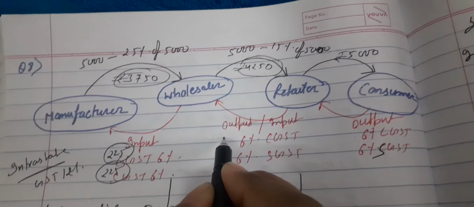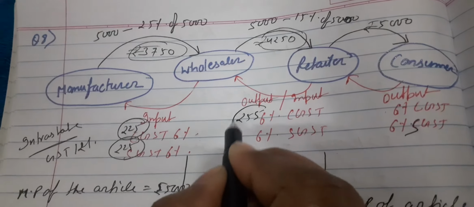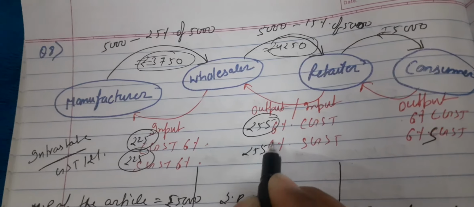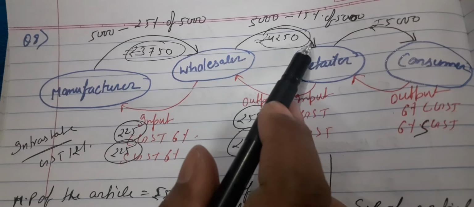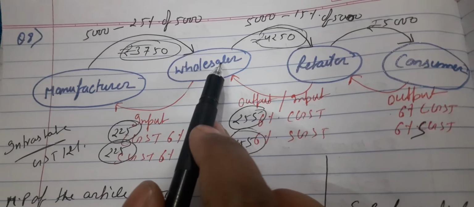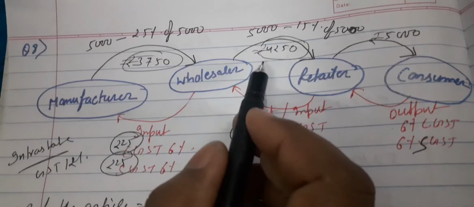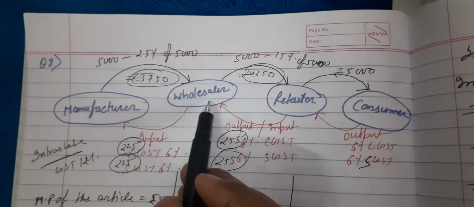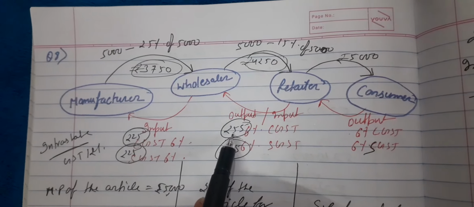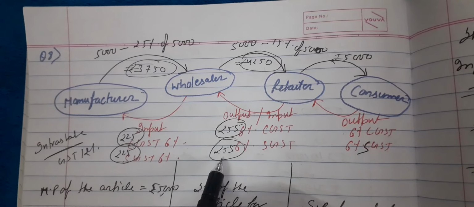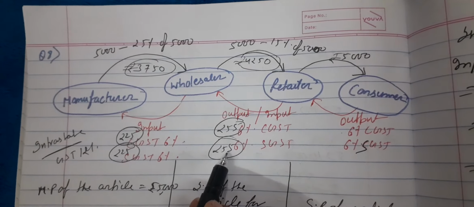So output CGST is 255, and this will be also 255. It means wholesaler will collect 4250 rupees as cost of the article, and 255 rupees as CGST, and 255 rupees as SGST.